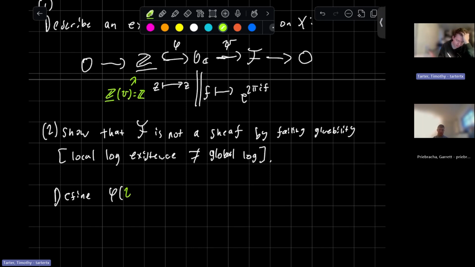So yeah, we're going to send, or no, we're sending sections. So phi of Z is equal to Z contained.